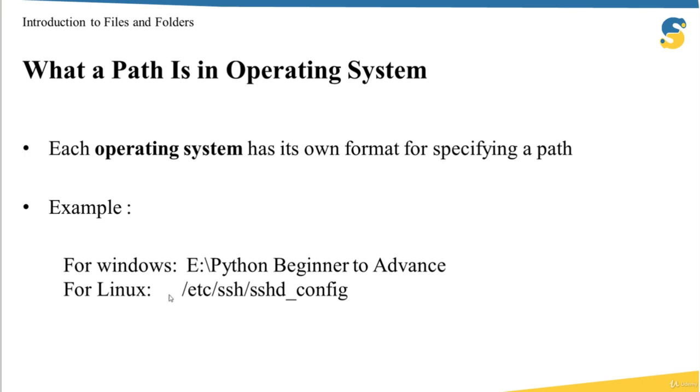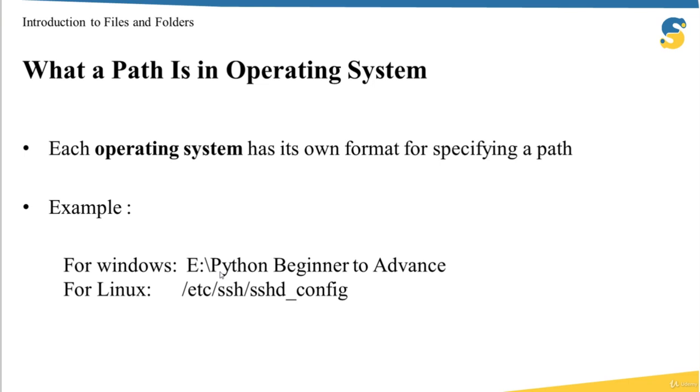So the path that I'm going to use is according to the operating system that my computer has. This is quite an important point to understand for future examples. In my case right now, I'm using the Windows platform, which means I'm going to use a backslash whenever I define a path. But if you use, for example, Linux, you can use exactly the same example, just replace the backslash with a forward slash.